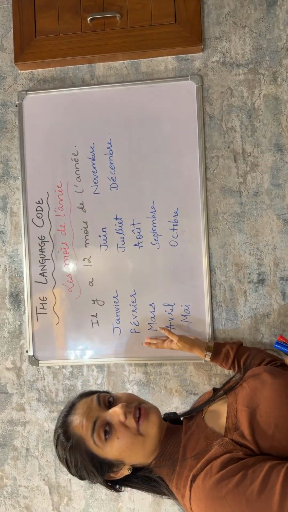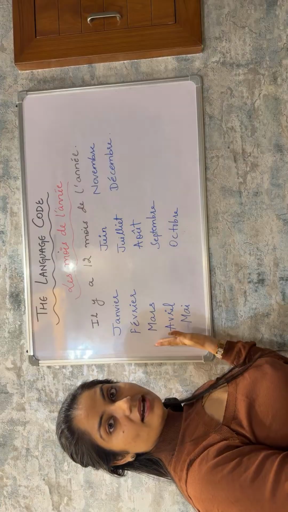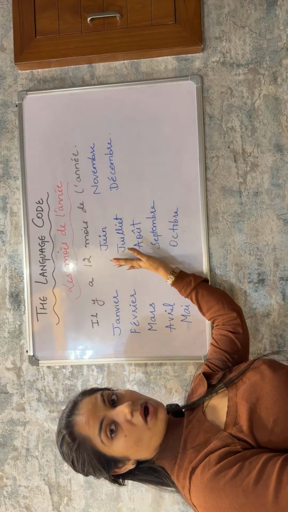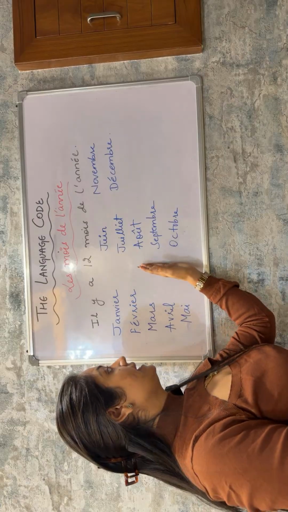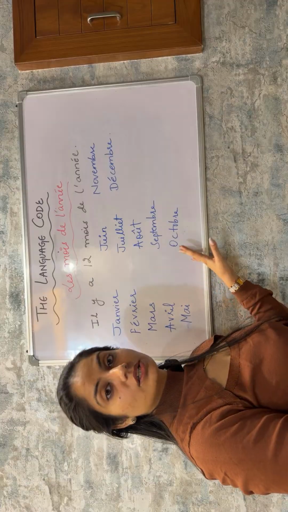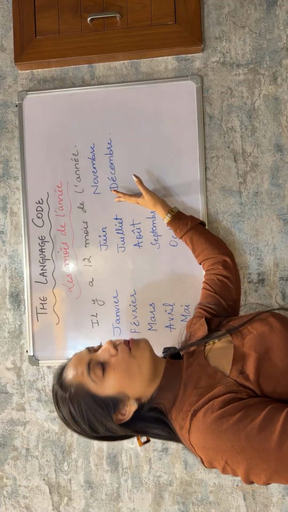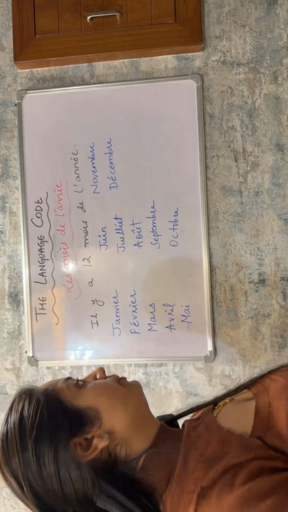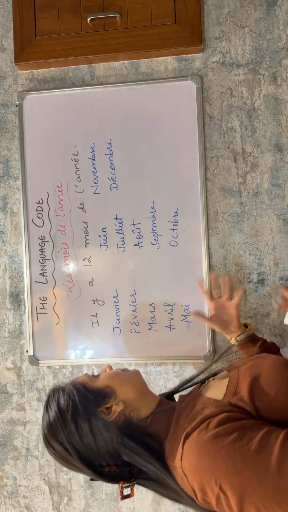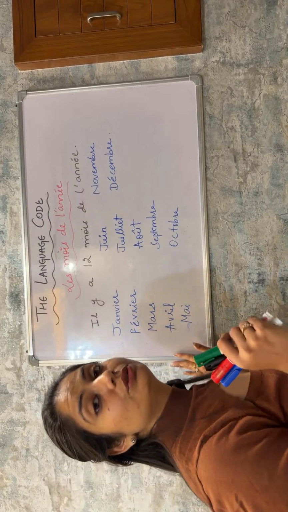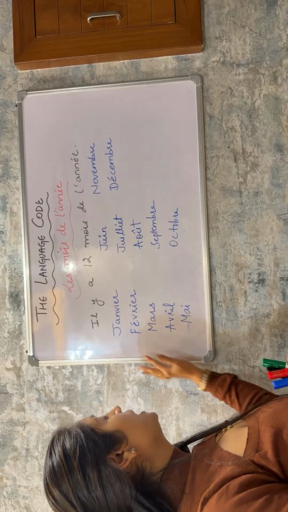Janvier, février, mars, avril, mai, juin, juillet, août, septembre, octobre, novembre, et then here one is décembre. Oui, décembre. Répétez. Les mois de l'année, il y a 12 mois de l'année.